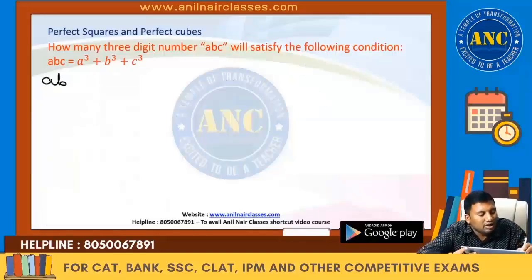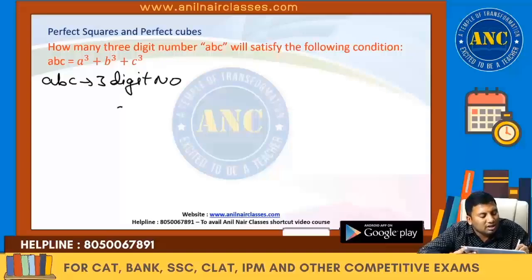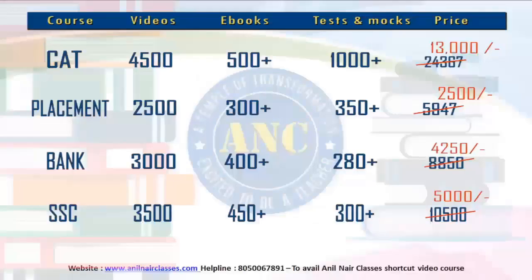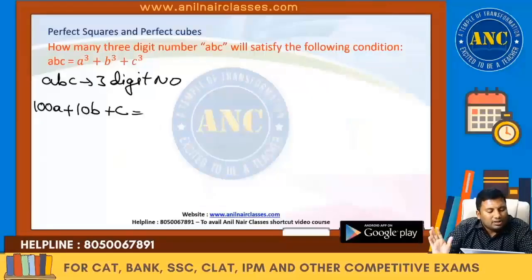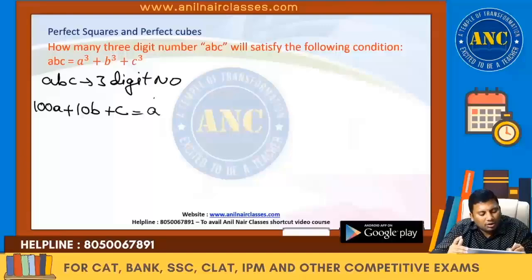Now see here, ABC is a 3-digit number. If ABC is a 3-digit number, C is in the units place, B is in the tens place, A is in the hundreds place. So 100A plus 10B plus C is equivalent to A cube plus B cube plus C cube. Let me take A value 1.